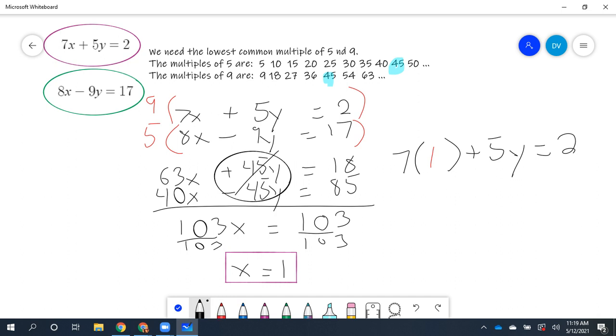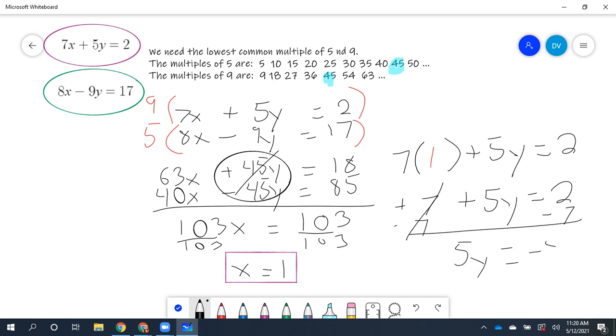Then I'm going to get 7 times 1 is 7, plus 5y is equal to 2. And by the way, this is a positive 7, which means that I've added 7, so now we need to subtract 7 from both sides, right? So if I subtract 7 from that and subtract 7 from that, I'm going to get 5y. 2 minus 7 is negative 5.